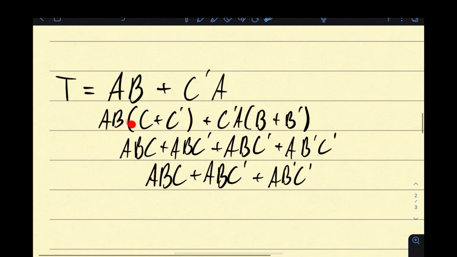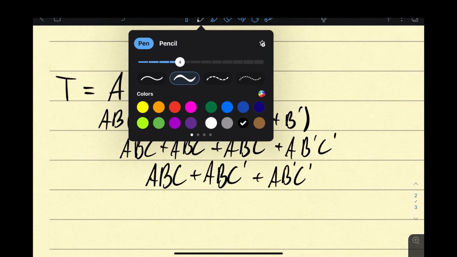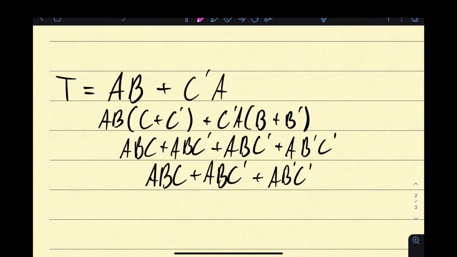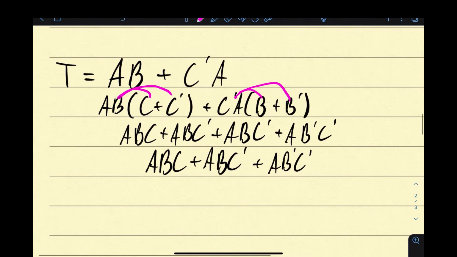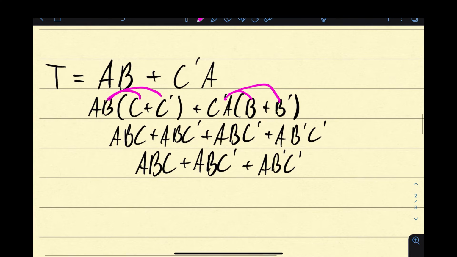I have AB being distributed. So kind of bringing in algebra terms, non-digital design algebra terms. So you'll distribute, and you can see here in this third line, I have everything distributed out.